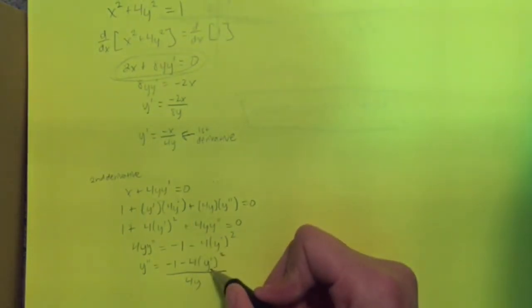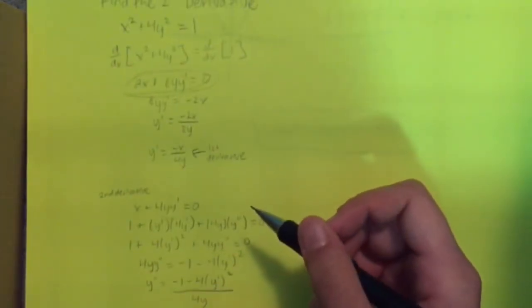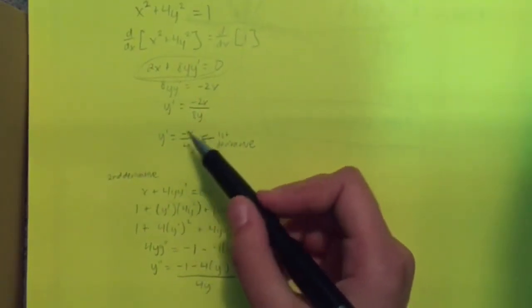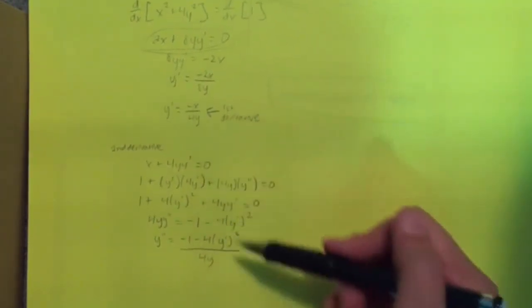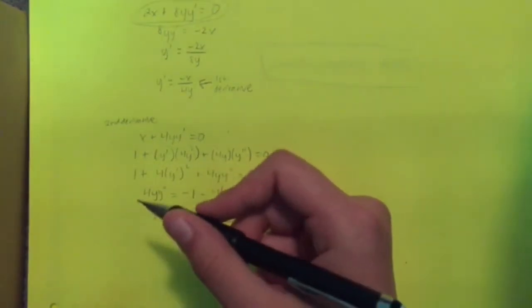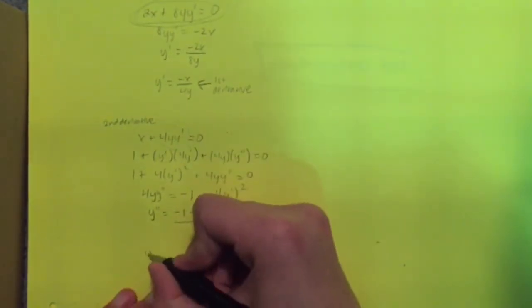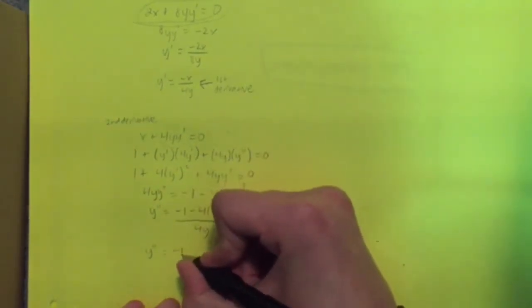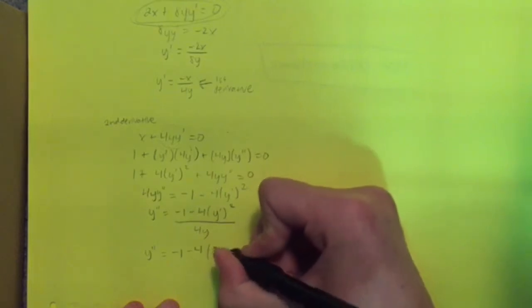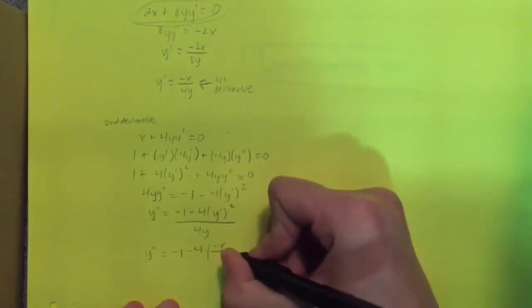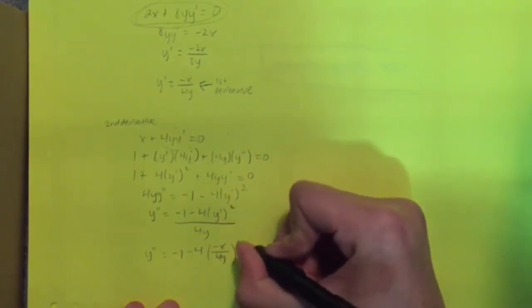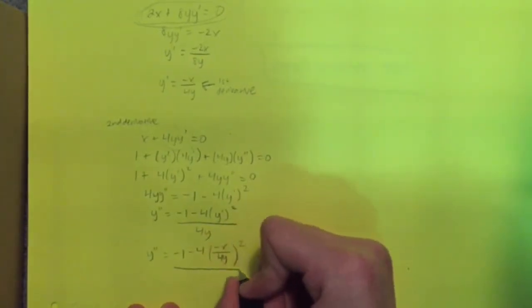Now notice how we have y prime right here. We just solved for y prime right here, so we can just substitute this in for y prime. So we're going to say y double prime is equal to negative 1 minus 4 times negative x over 4y squared, all over 4y.